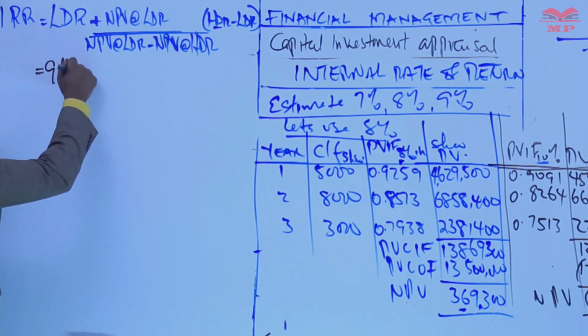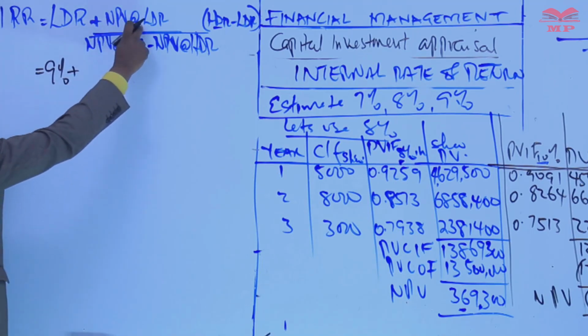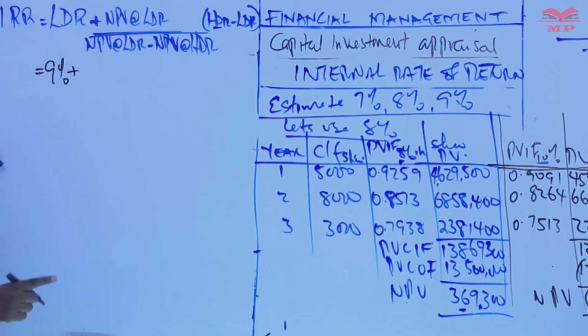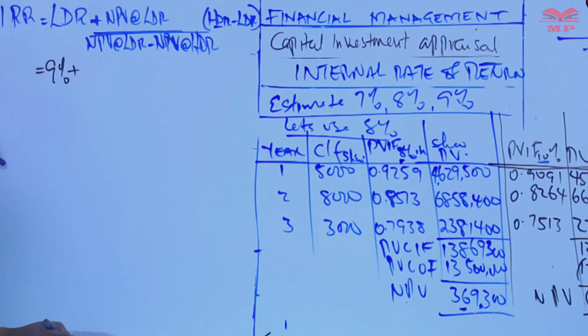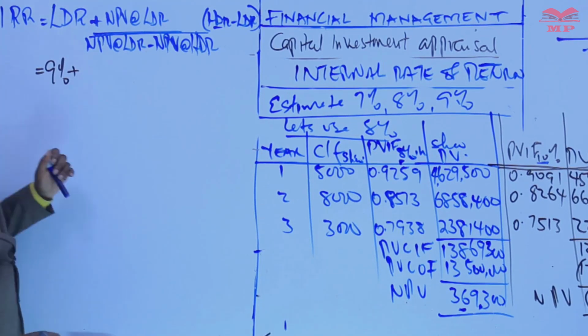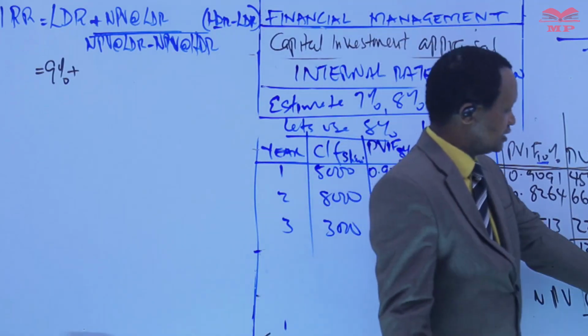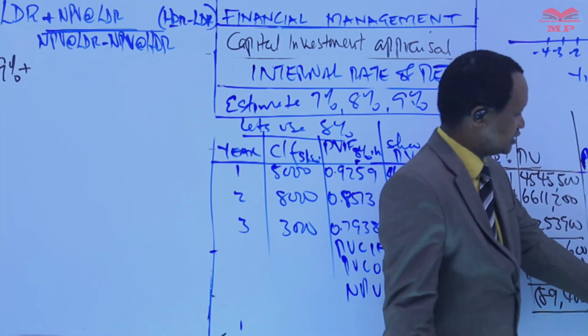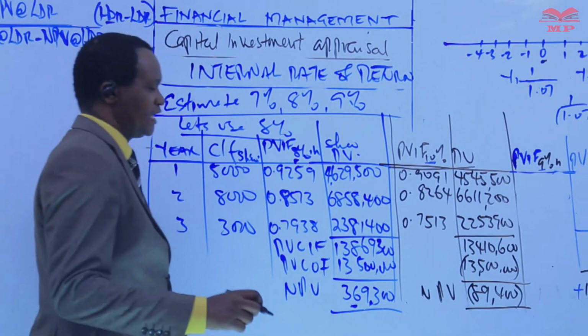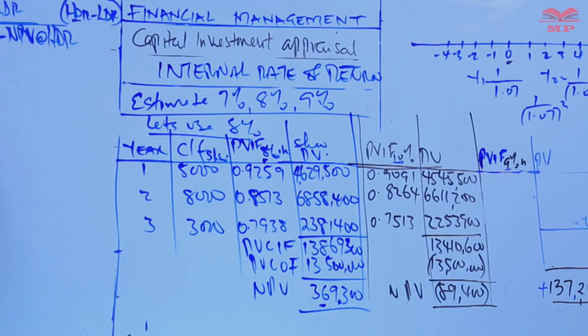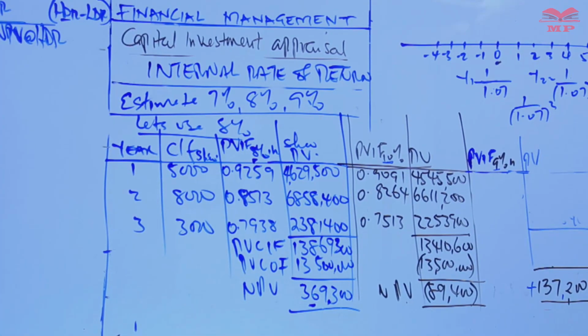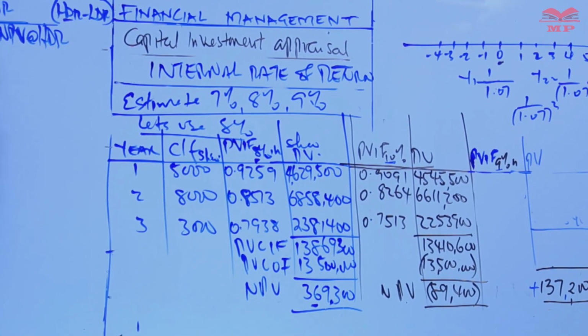NPV at lower discounting rate. NPV at 9% is 137,200.